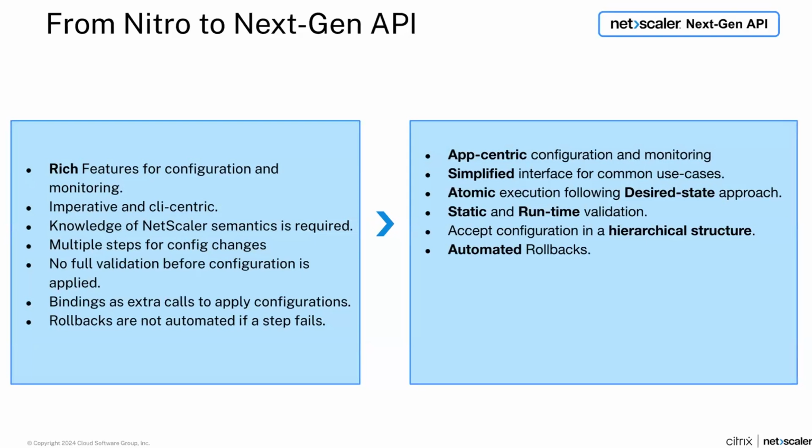It is imperative. You need to instruct NetScaler what to do. That means that you need to have some knowledge of NetScaler. It requires multiple steps to configure changes. Also, because it is imperative, no full validation takes place before the configuration is applied, because again, you are configuring everything in steps.